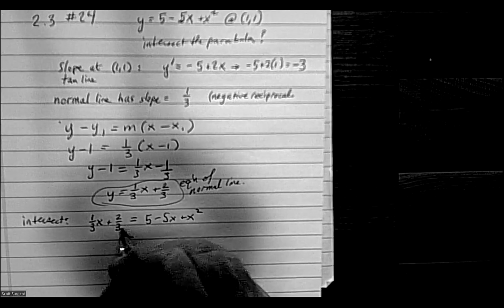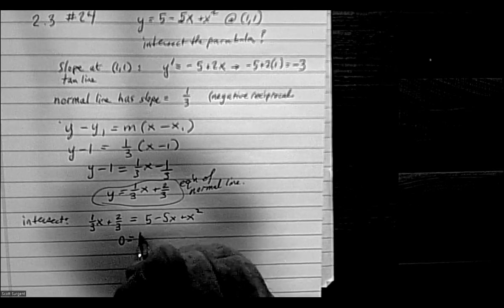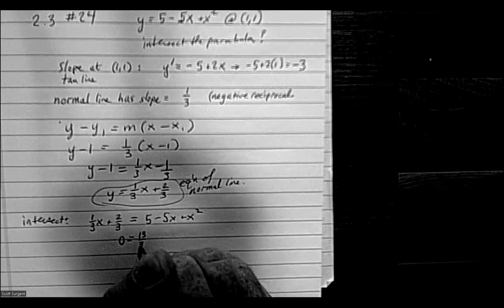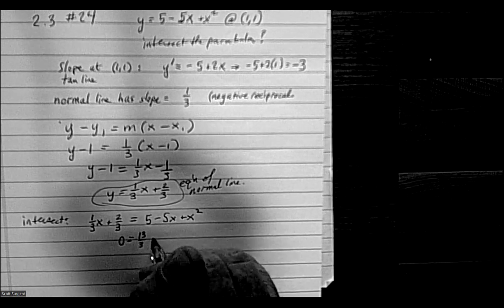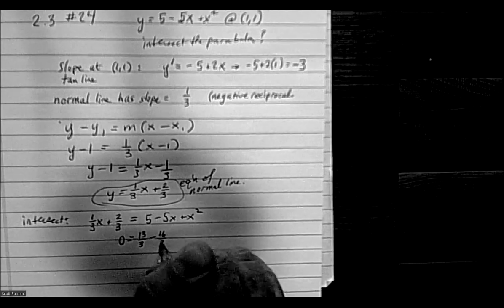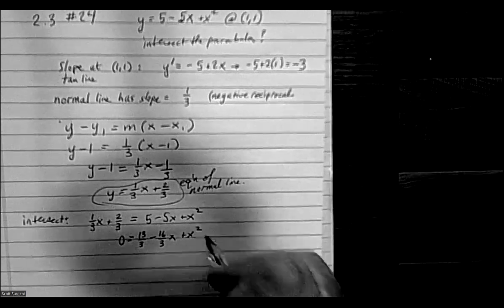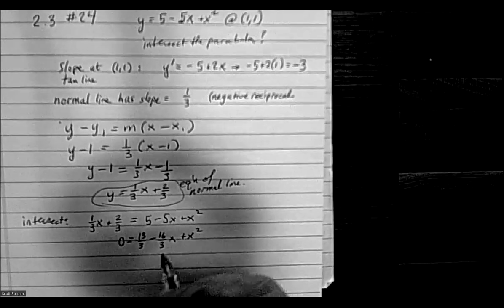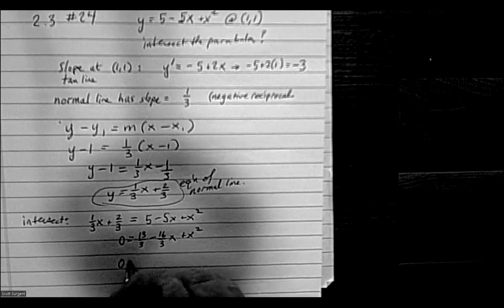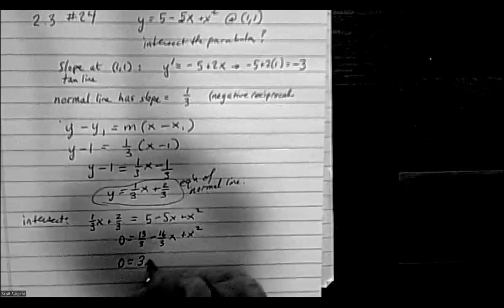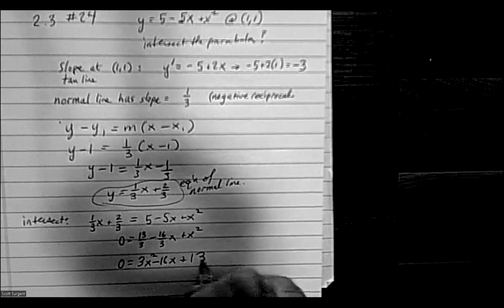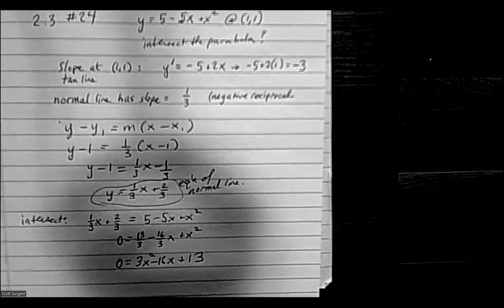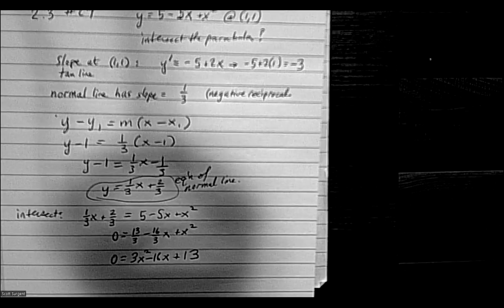It's a little messy. 5 take away 2/3, that's 13/3. -5 take away a third, that's going to be -16/3 x. This doesn't change. And I'm going to get rid of the 3's, so it's going to look something like this. Okay, let me pause here.